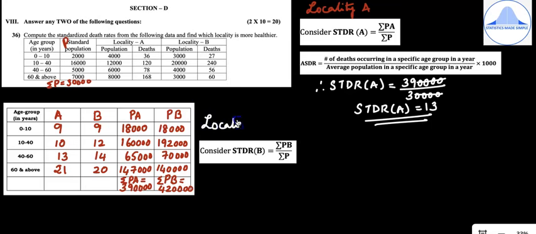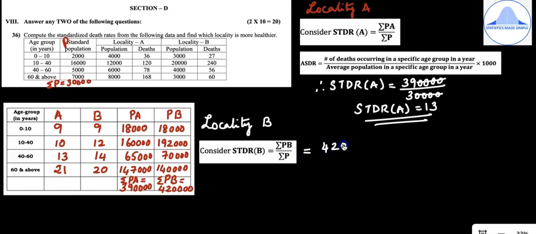Now similarly, let us do the calculations for locality B. Write the formula: consider STDR of B is equal to summation PB by summation P. There's no need to write the ASDR formula again, as we have already written it. You can just substitute the corresponding totals.